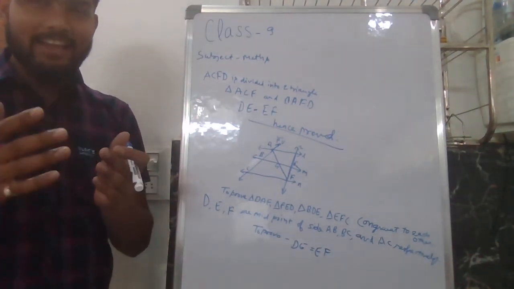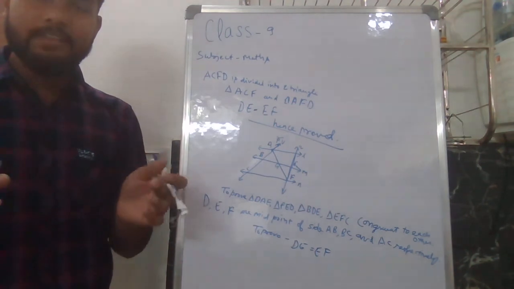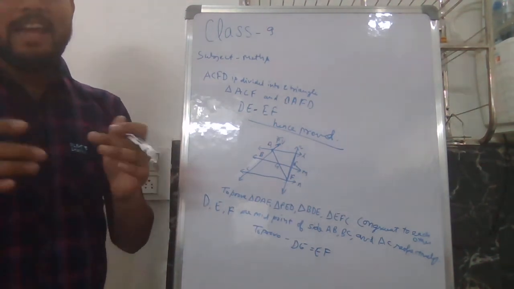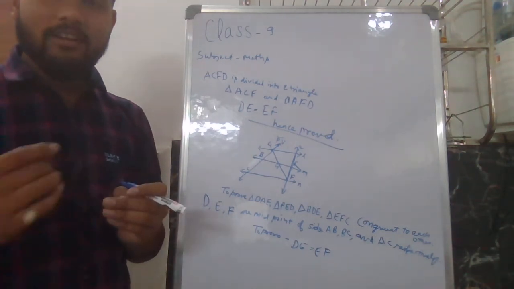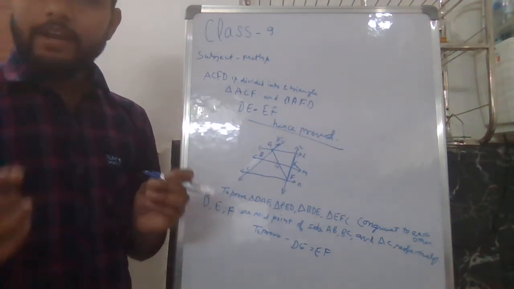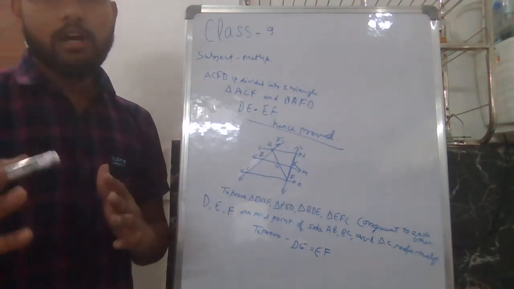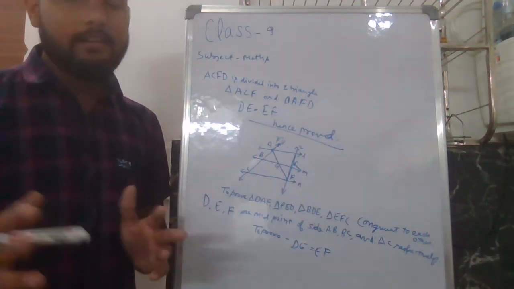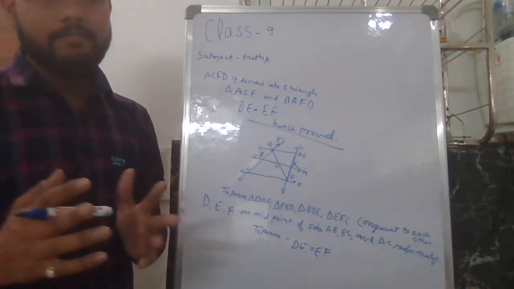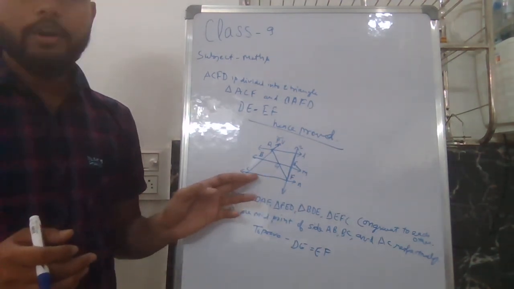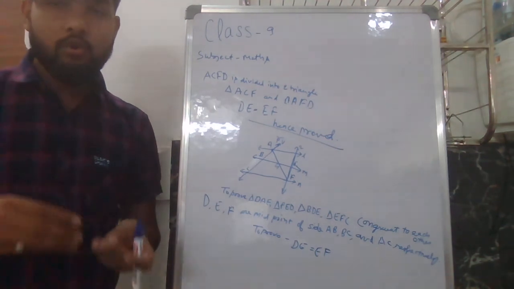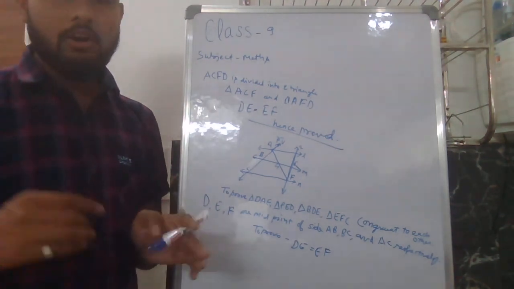ABCD is a trapezium in which AB is parallel to DC, BD is a diagonal and E is the midpoint of AD. A line is drawn through E parallel to AB intersecting BC at F, as in this figure. We have to show that F is the midpoint of BC.